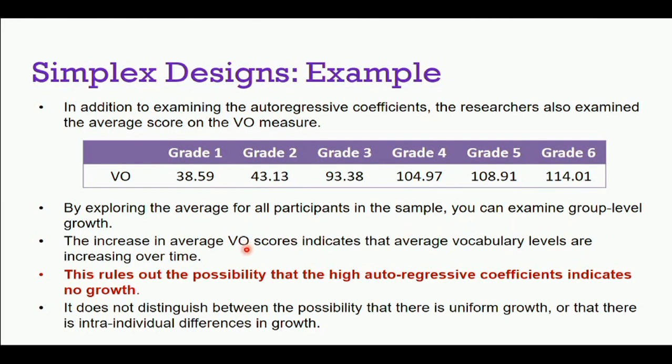The increase in vocabulary indicates they're increasing over time, and that rules out the possibility that this high autoregressive coefficient indicates no growth. But it doesn't distinguish between the possibility that there's uniform growth or that there's intra-individual differences in growth. So Johnny might have really developed his vocabulary, whereas Sam might have sort of plateaued out. So you can still have those individual differences there. We're just looking at the group overall.